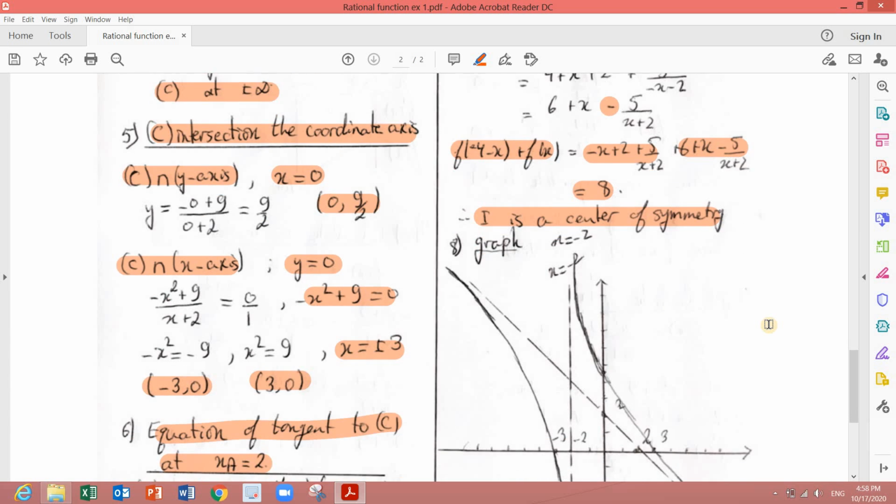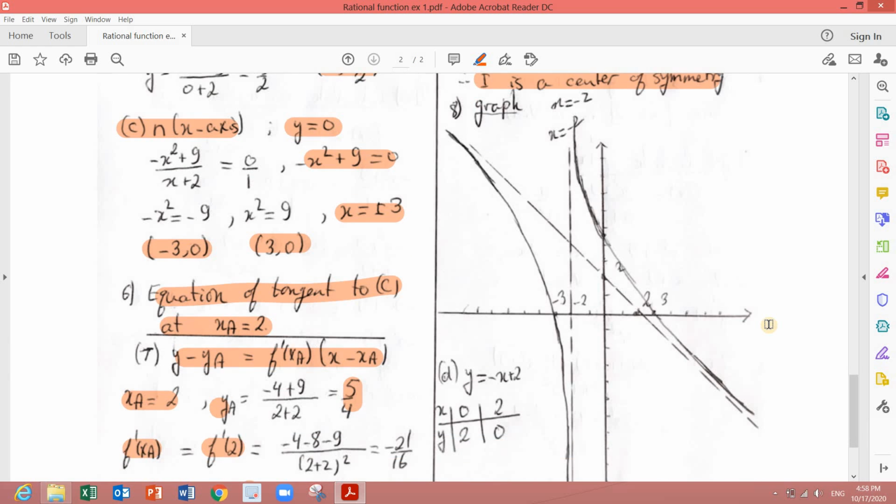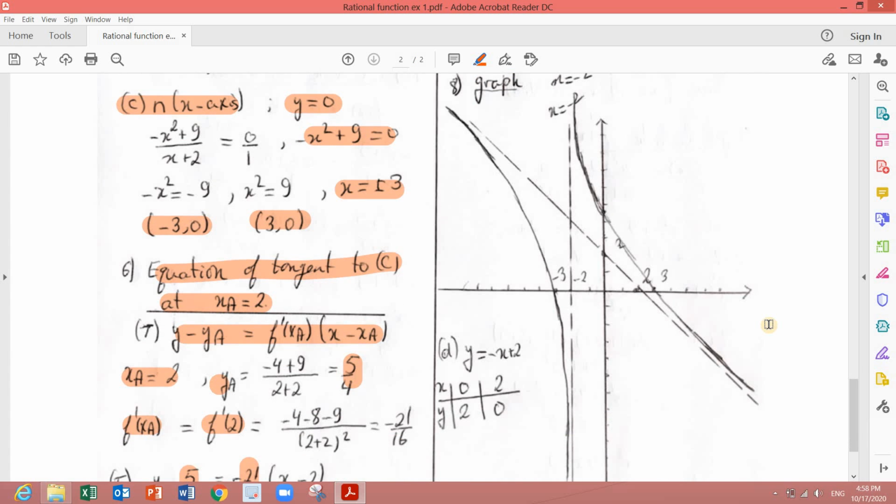Finally, the last part. In the last part, we need to draw the graph. To draw the graph, first we have to draw the asymptotes. The first asymptote is x equals minus 2, a vertical asymptote.